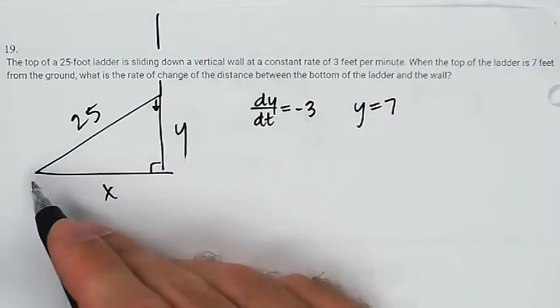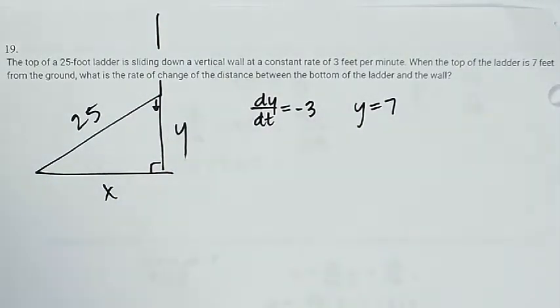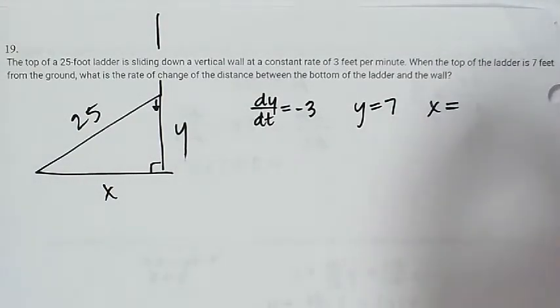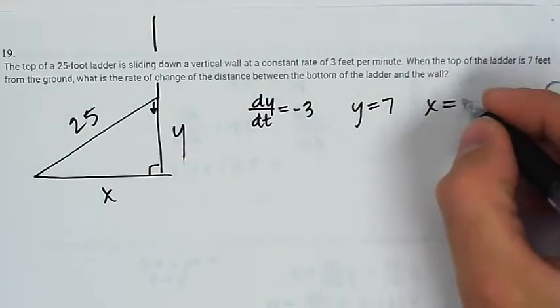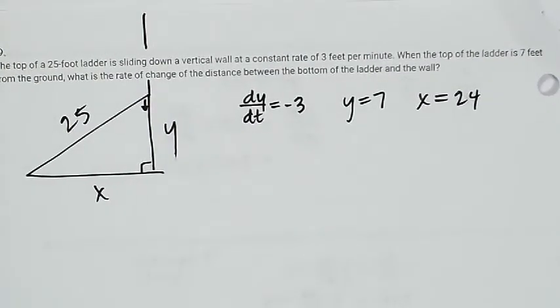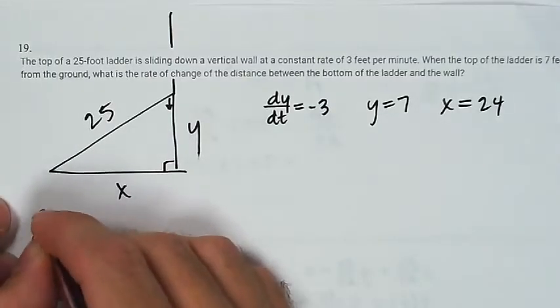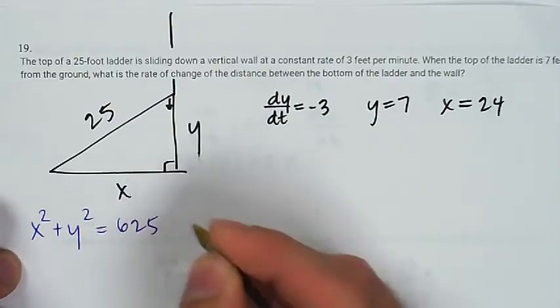What's the rate of change of the distance between the bottom of the ladder and the wall, right? We can probably figure out what the distance is just using the Pythagorean theorem. So x equals, if you know your Pythagorean triples, 7, 24, 25 is a triple, so x is going to be 24. But if you're not sure about that, you say, I know that x squared plus y squared equals 25 squared.